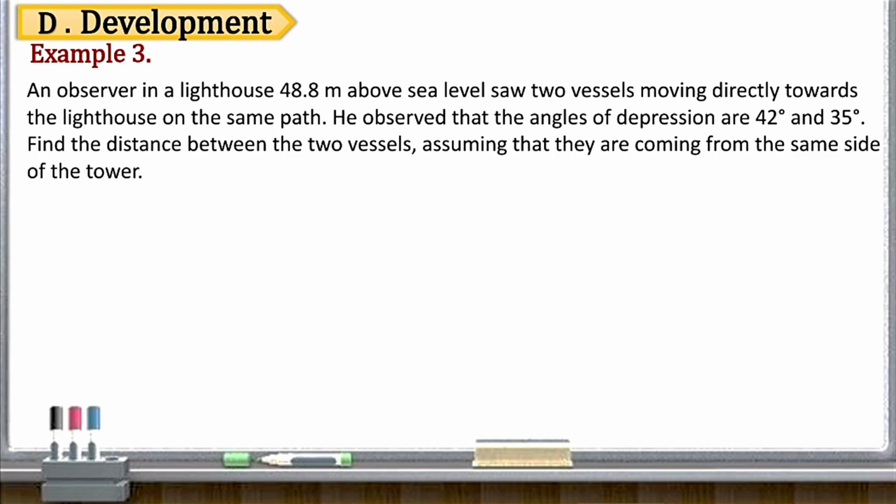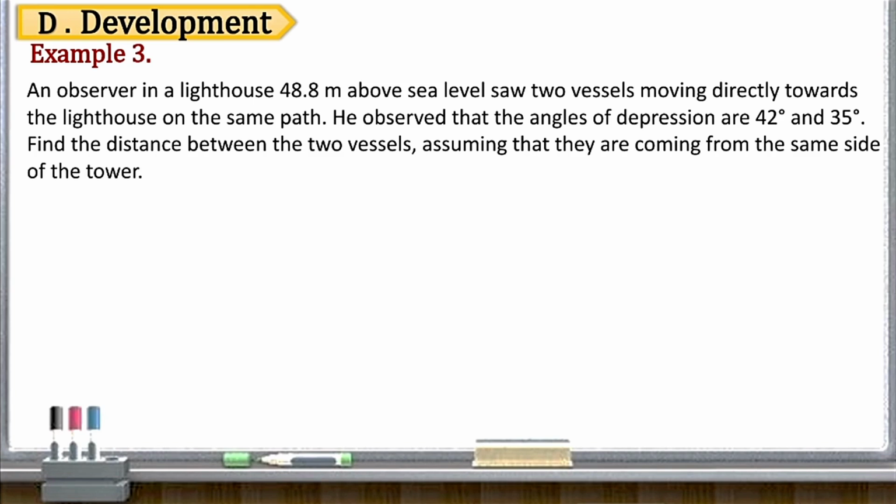So, minsan class, ganito lang yung makikita natin sa word problems. Wala talagang nakalagay na drawing. Pag ganito class, kailangan nyo lang palawakin ang inyong imagination, intindihin maigi ang problem, saka nyo gagawan ng sketch, so kayo mismo class yung maggagawa ng drawing para mas madali nyo masagutan. Example, an observer in a lighthouse 48.8 meters above sea level.